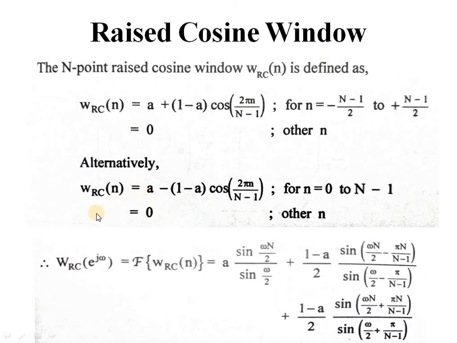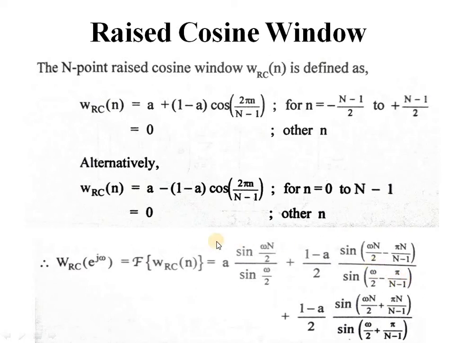The frequency response or the frequency spectrum of this raised cosine window, W_RC of e power j omega, is obtained by taking the Fourier transform of the raised cosine window sequence that we have mentioned here, and based upon that the resultant frequency spectrum is given by this expression: a sine(omega N/2) by sine(omega/2) plus (1 minus a)/2 into sine(omega N/2 minus pi N/(N minus 1)) by sine(omega/2 minus pi/(N minus 1)).